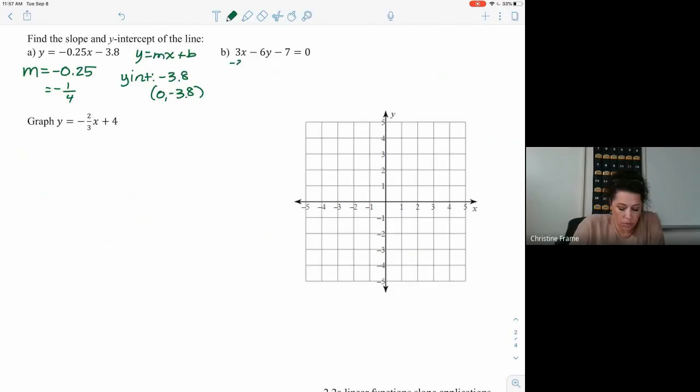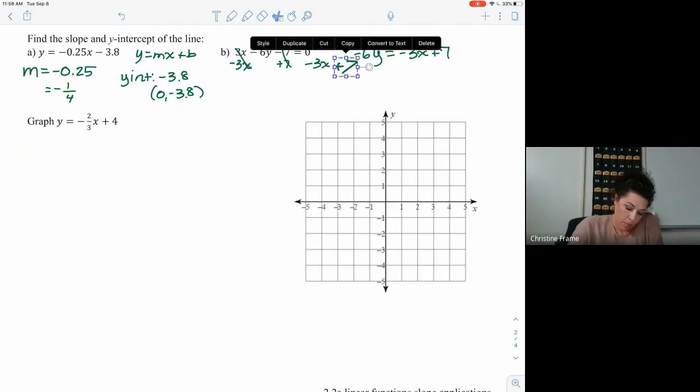For b, just solve for y, right? Just solve for y. So we'll subtract 3x and add 7 to the other side, just so that we can get it into y equals mx plus b. And solve for y.